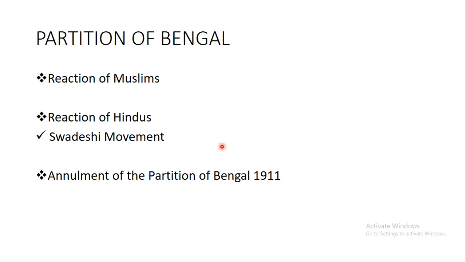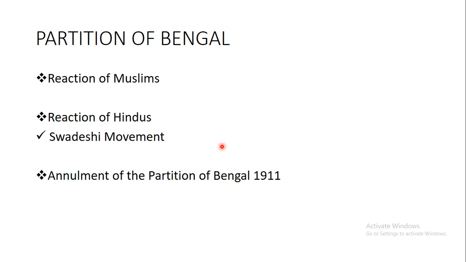With the support of the Congress, they started agitation, and in 1911 the vigorous Hindu agitation rocked the government, which could not withstand the extreme pressure of the movement. As a result, the partition of Bengal was ultimately annulled on 12 December 1911 at a royal meeting known as the Delhi Darbar.